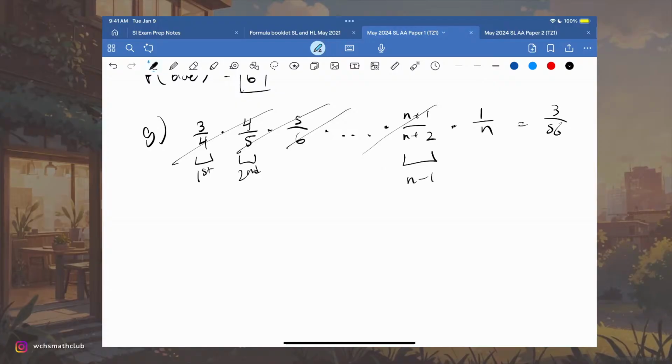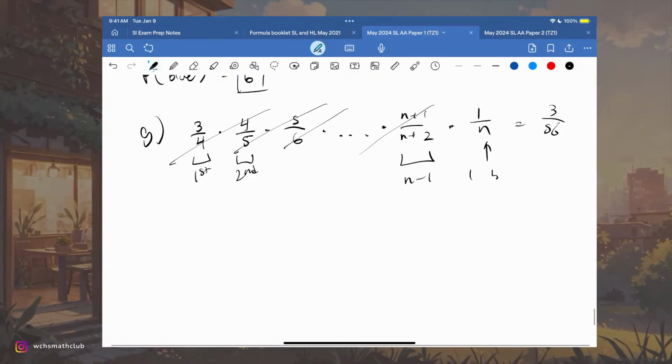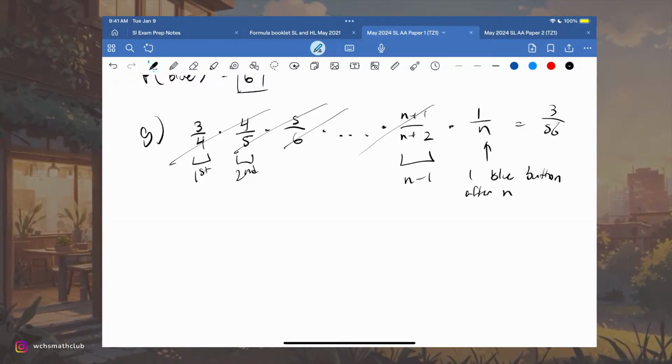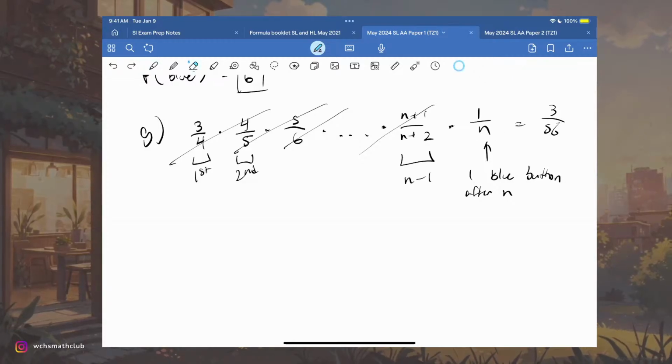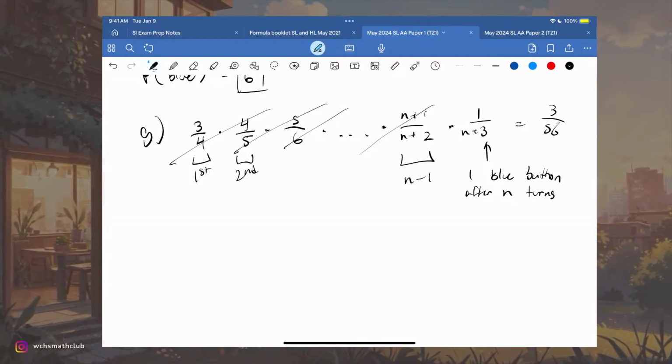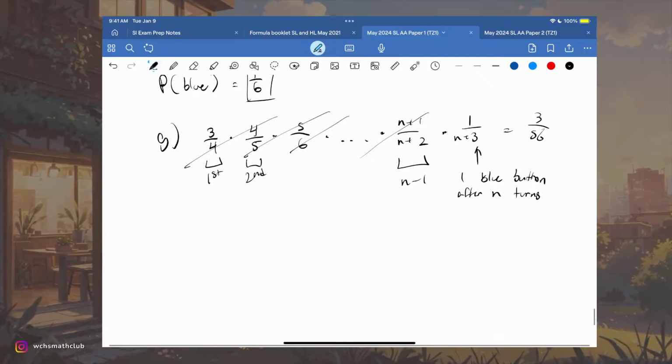I forgot to add this earlier because it accounts for the case where we select one blue button after n turns. Now we're going to simplify this fraction as we showed earlier.